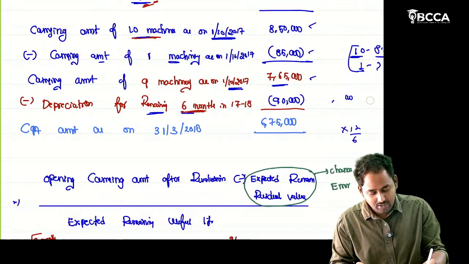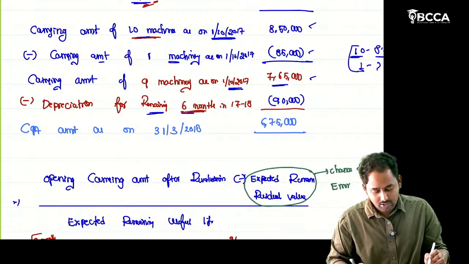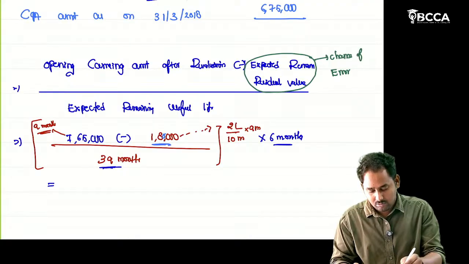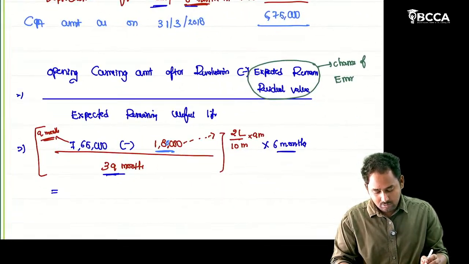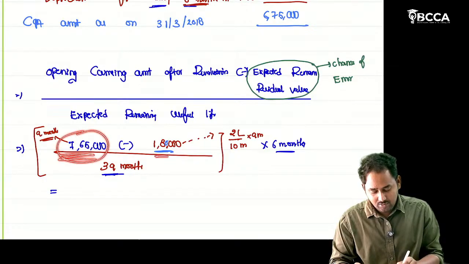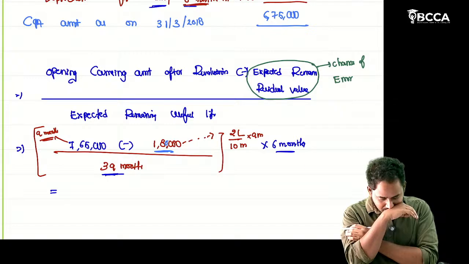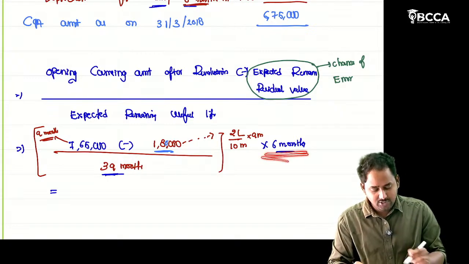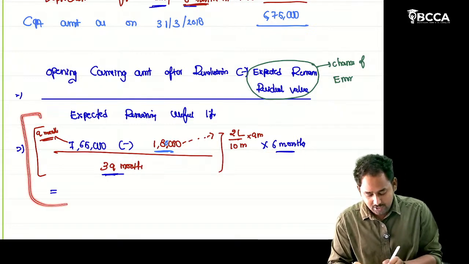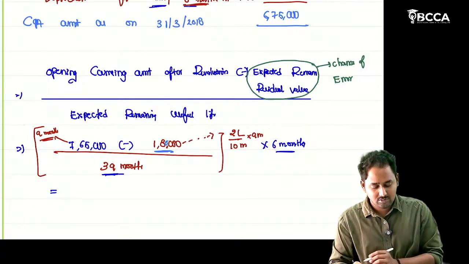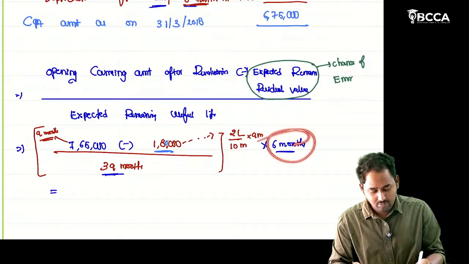So here is the detailed calculation: 7,65,000 minus 1,80,000 divided by 39 months, into 6 months.